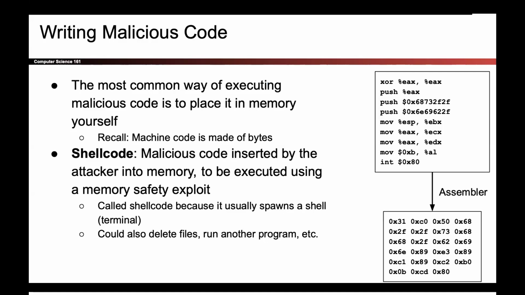You can download shellcode snippets on the internet where people already wrote that code, just copy and paste what they have, put it in memory, and then overwrite the RIP to point to that, and it will start executing the shellcode, and the shellcode will do the bad thing, like connect to this server and run what that server tells it to do. Okay, so we're going to assume that we have this shellcode, and it's not too hard to come by.